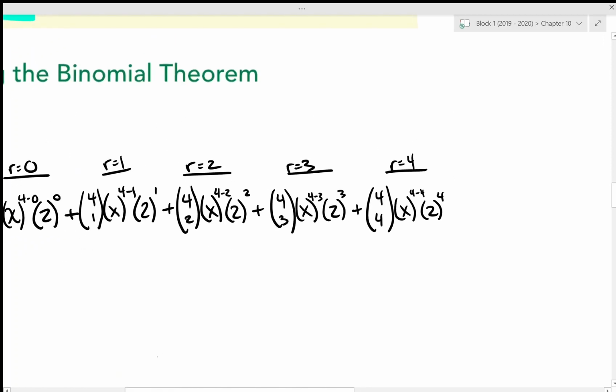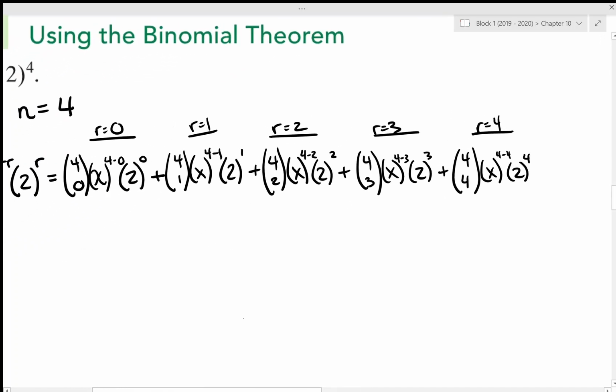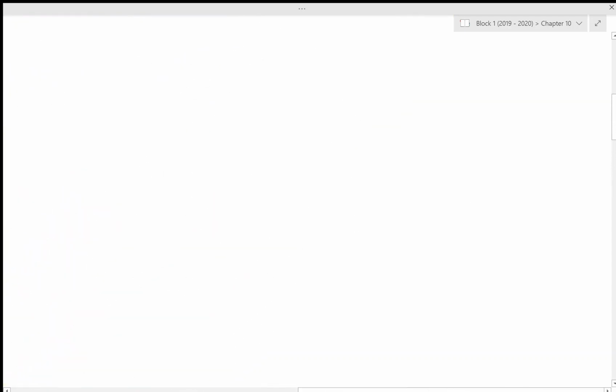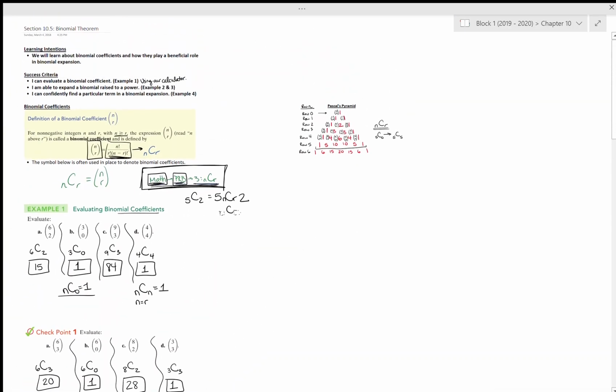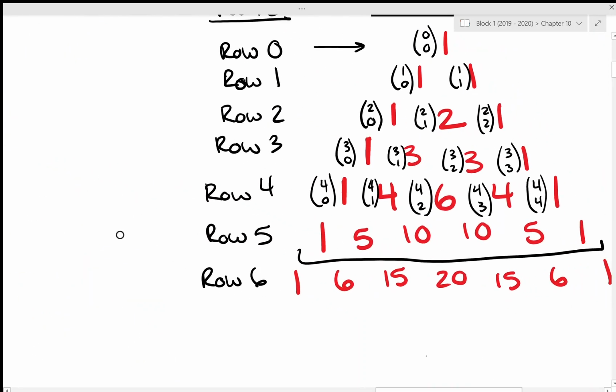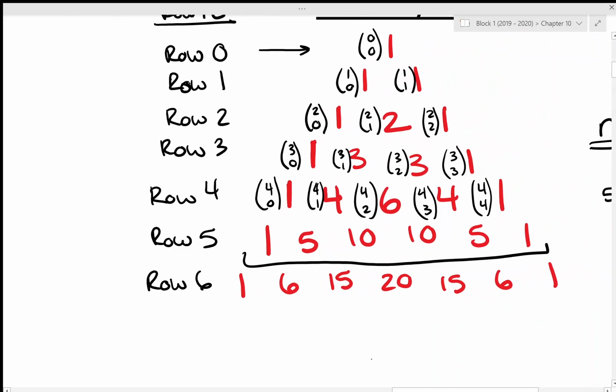Now I know it's a lot of writing, but the more organized you are, the better off you'll be. You could do the 4 above 0, 4C0, 4C1, 4C2, all that. But if you remember Pascal's pyramid, which I have somewhere here, here we go. If I go to my fourth row, I have 1, 4, 6, 4, 1.